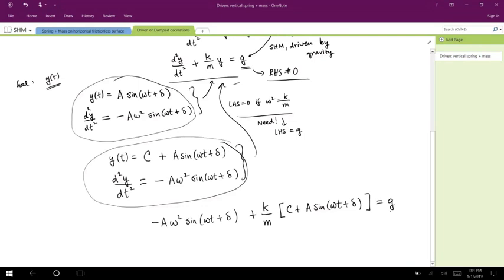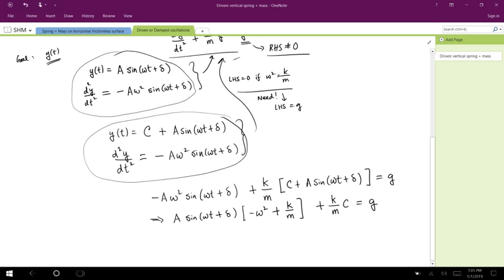Now I can rearrange this, and I'm going to factor out the A sine omega t wherever I can. So I get A sine omega t plus delta multiplied by negative omega squared plus k over m. And the other term that is left over is k over m times C is equal to g.